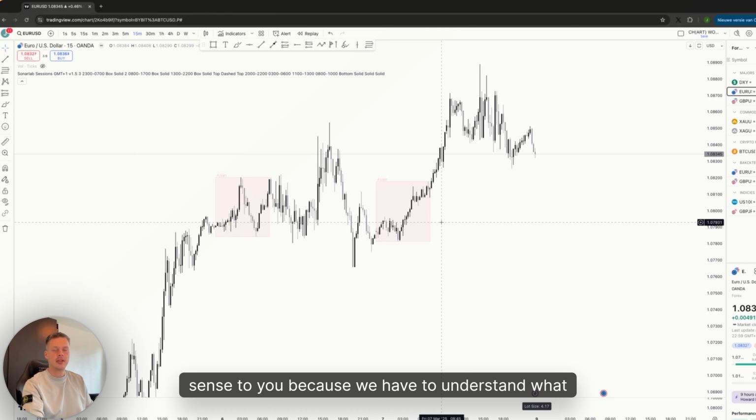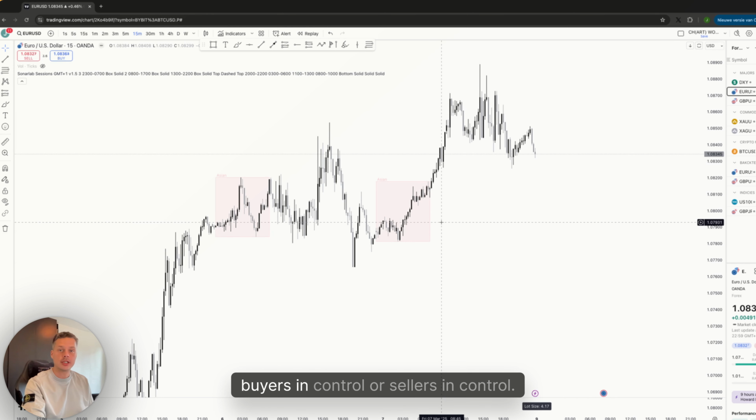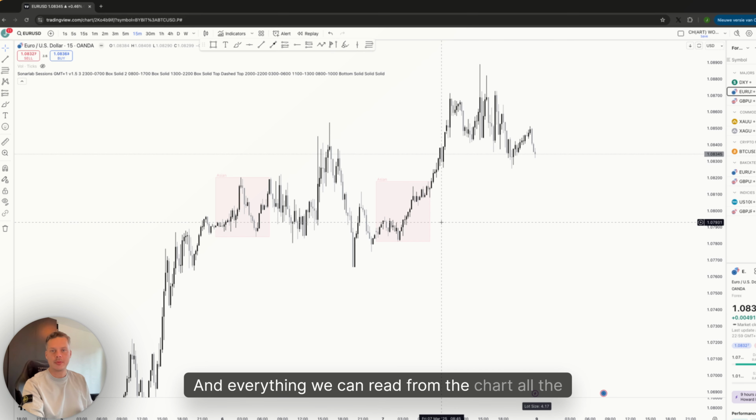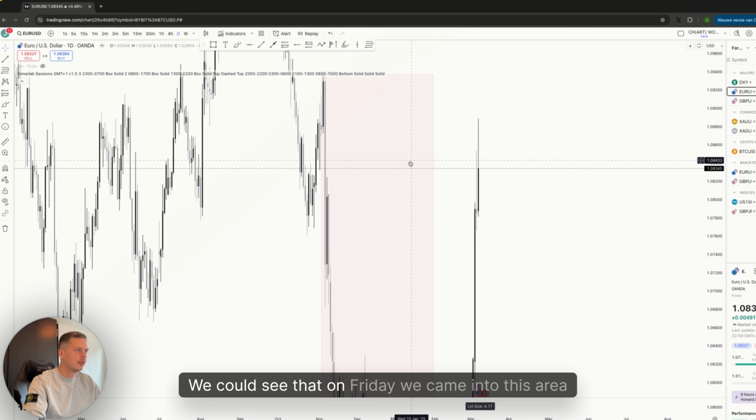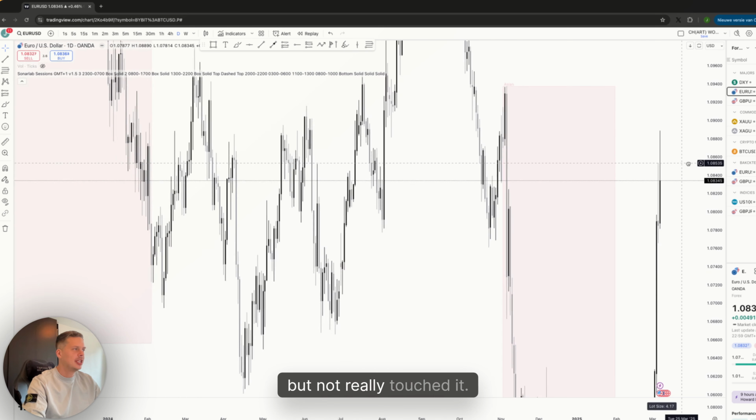Because we have to understand what liquidity is, we have to understand who is in control, buyers in control or sellers in control, and everything we can read from the chart all the way from the daily to the 1 minute time frame. So let's start on the daily time frame. We could see that on Friday we came into this area but not really touched it, right?